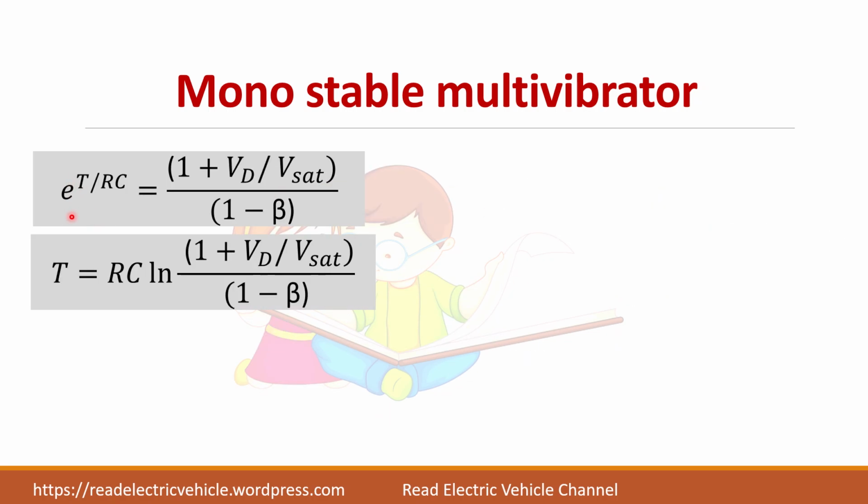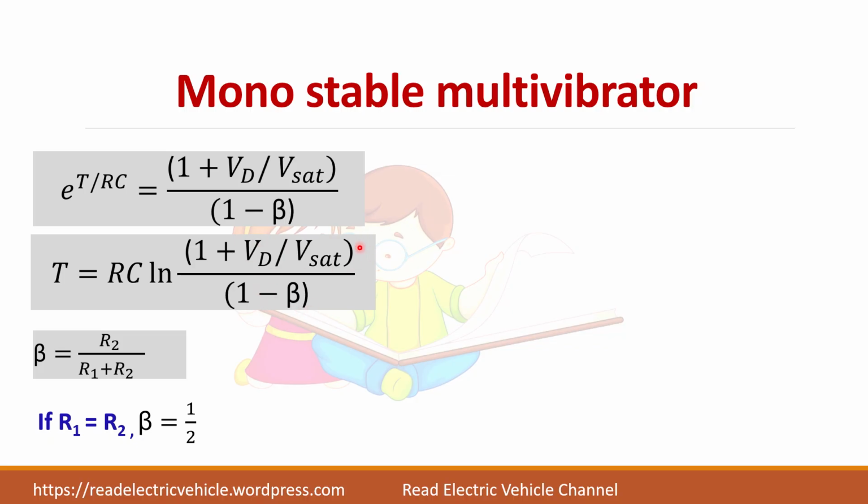So let us find what is T. T equation we got it. Now here you see beta is there. What is beta? R2 divided by R1 plus R2. So let us assume that these two resistors are equal. In that case beta will become 1 by 2. So let us substitute here 1 by 2. So it becomes half in the denominator.